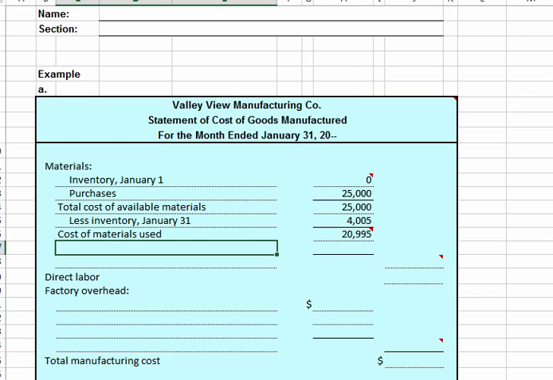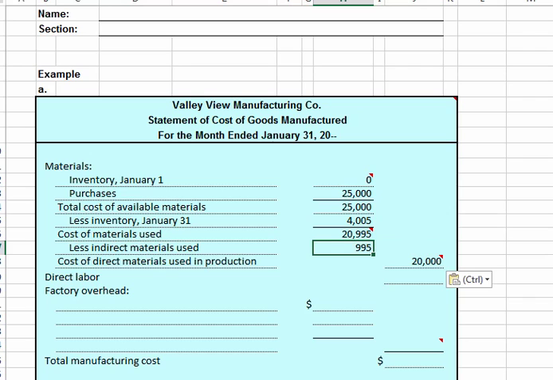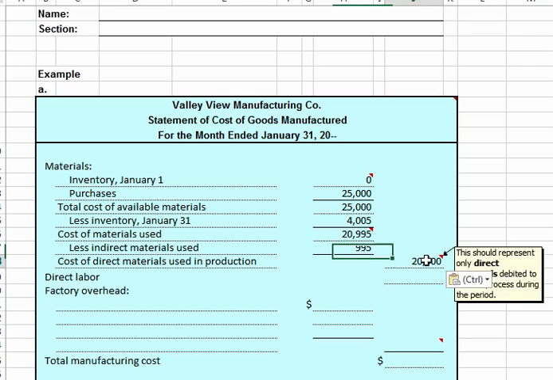Then you want to deduct out the cost of the indirect materials. You can find that in your problem. I'm just making up the number here for the example. I used $995, which we'll subtract from cost of materials used. And that gets us the cost of direct materials used in production.